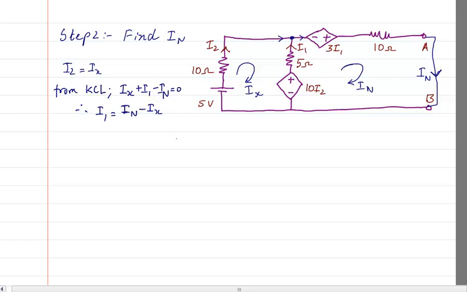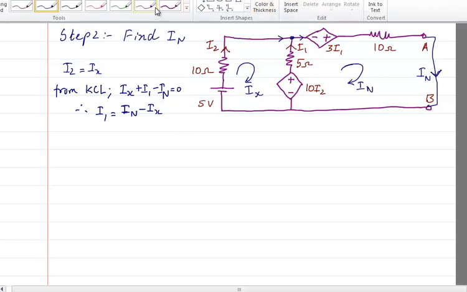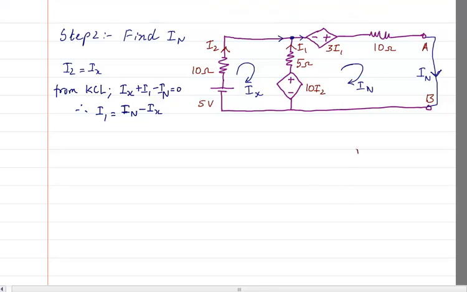Okay. Another way of doing it is how I look at it, slightly differently. For example, I consider that this is a branch in which I want to look at what the current is. Some resistance is there, let it be. If I want to find this current, let that current be named I1 as it is written here. There is one current going in this direction, which I have named Ix, and another current which I have drawn in the opposite, again clockwise direction only, which is IN.